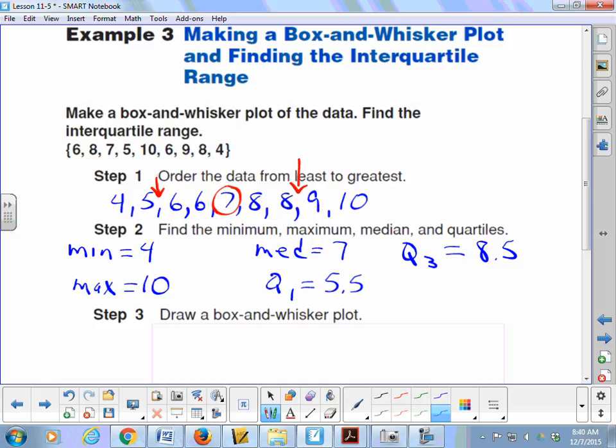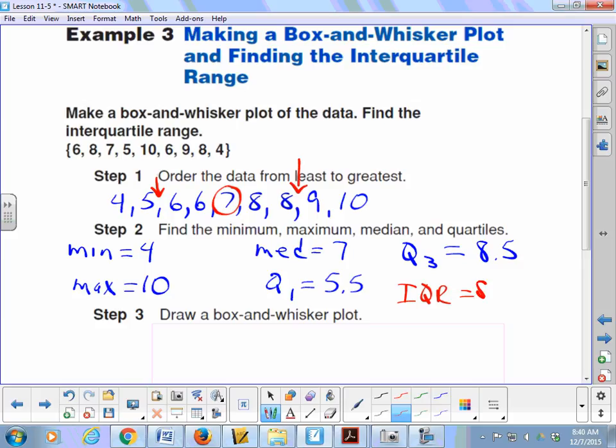And we can do the IQR right now also. The IQR, or interquartile range, is just the distance from Q1 to Q3. Just like for the range of data, we take max minus min, for the interquartile range, we take Q3 minus Q1.